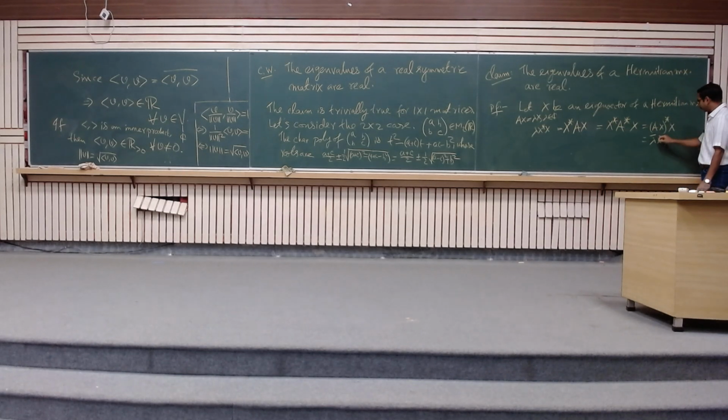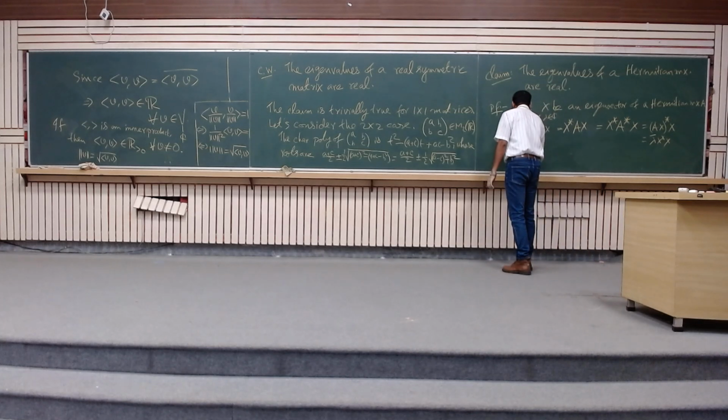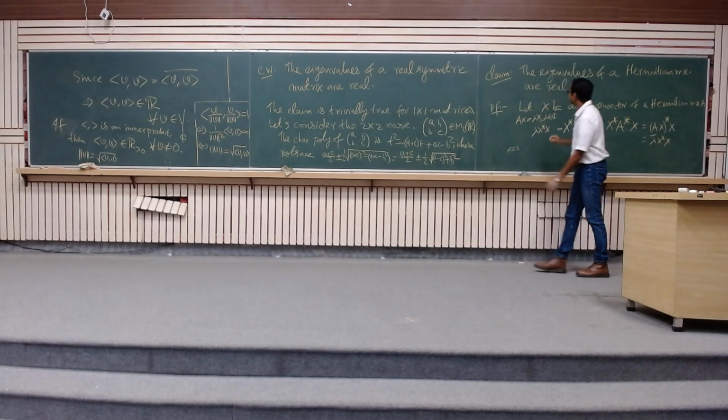Now, if we know that x star x is not equal to 0, then we are done, right. And why is it non-zero? It is an eigenvector, and this is a positive definite form.